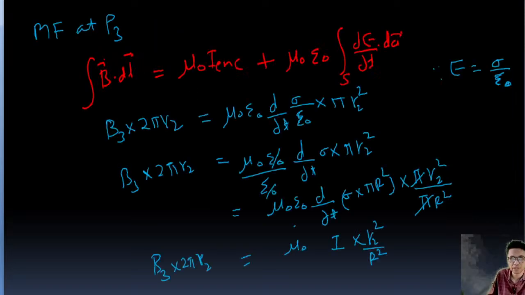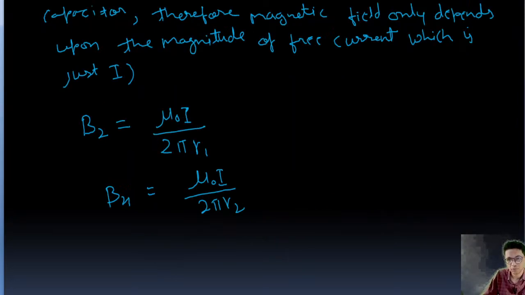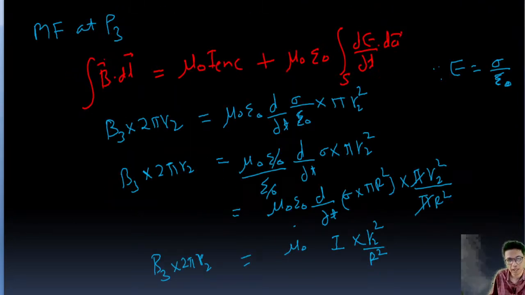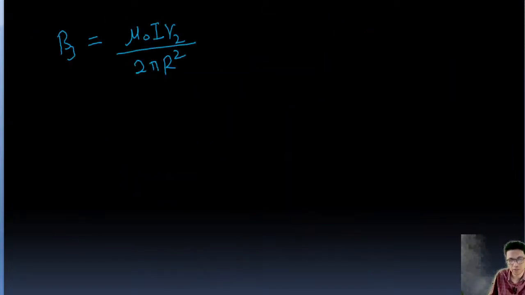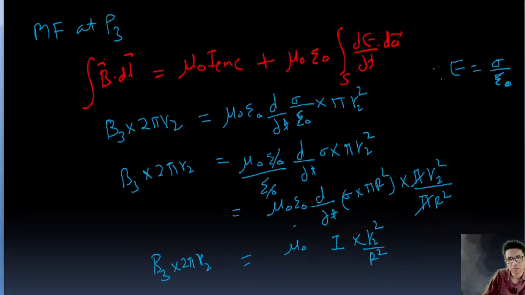Now we'll compare these three. Okay, so look at this, B2 value is this, B4 value is this. Okay, and B1 value is this, and B3 value is this. So from here we can see that B1 equal to B2.